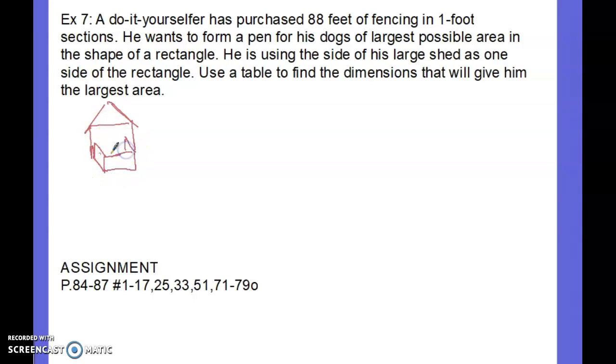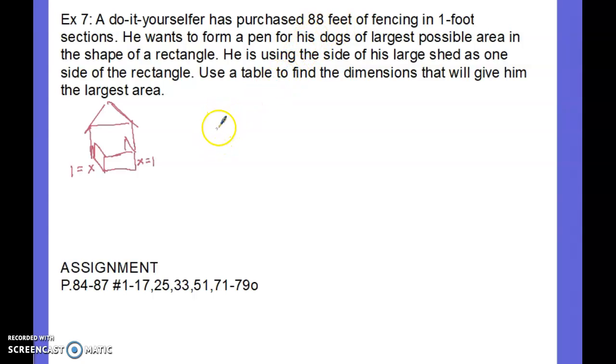I don't want to waste time just drawing a picture. But anyway, this side and this side have to be the same, and then this side will be the remaining distance. So he has 88 feet of fencing. So let's say this is 1, then the other side has to be 1. So the remaining side, you only have 86 feet of fencing left.